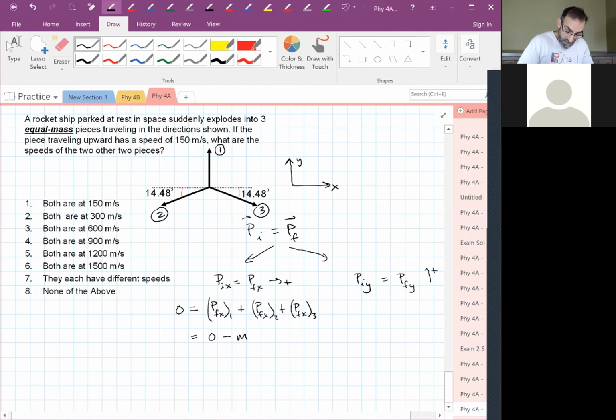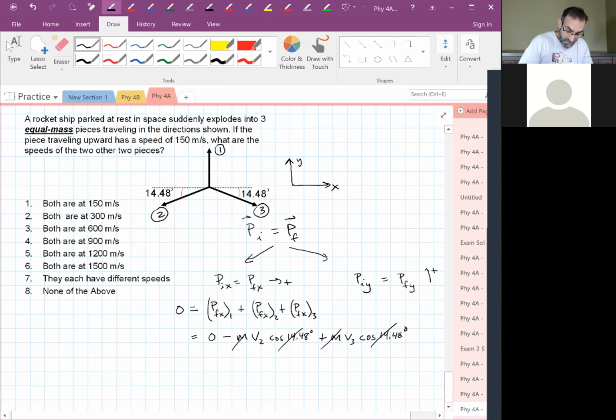I'm going to call the velocity v2, and it's going to be the cosine of that angle. And 3 is going to be positive mass times velocity times cosine. The masses are the same, the cosines are the same.